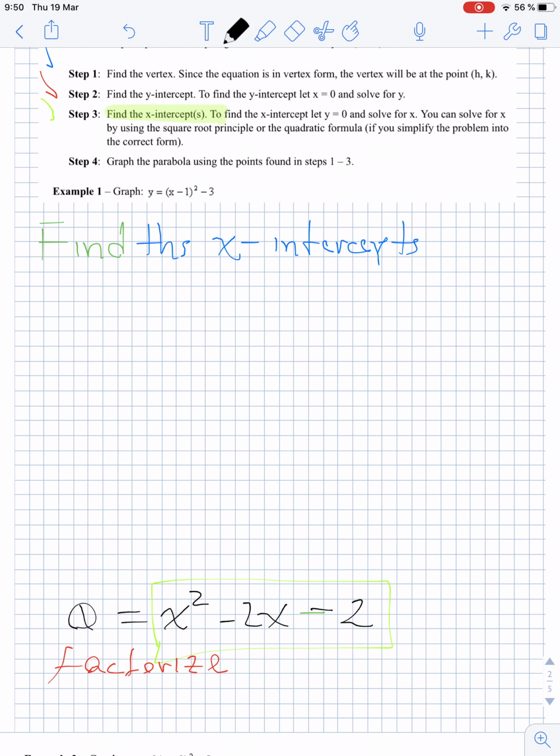I'm going to write again the expression, that is x squared minus 2x minus 2. Just to let you see, the coefficient of x squared is going to be a, the value of minus 2 with x is going to be b, and this minus 2 without the variable is going to be c. Remember, x squared is equal to a, minus 2 that is together with the x is b, and the value that doesn't contain a variable is c.